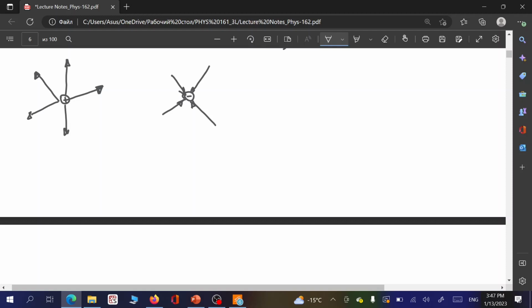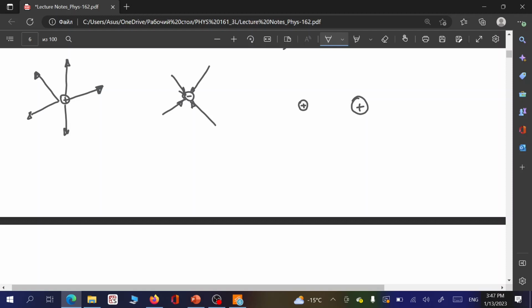Now, if we take this into account, let's say we have a small and a large positive charge. Where will be more electric field lines coming out from these charges, for the smaller or the larger?